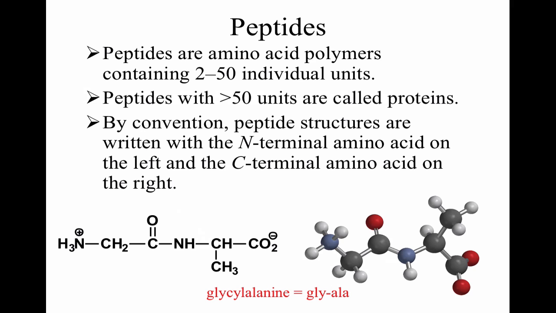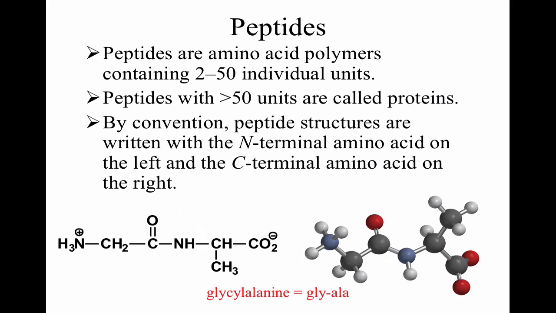This is an example of a dipeptide because we've got two amino acids linked together. One of them is glycine, and one of them is alanine. So this is glycylalanine. Nobody likes to say that. We just call it Gly-Ala, right, or GA, depending on which letter codes you'd like to use.